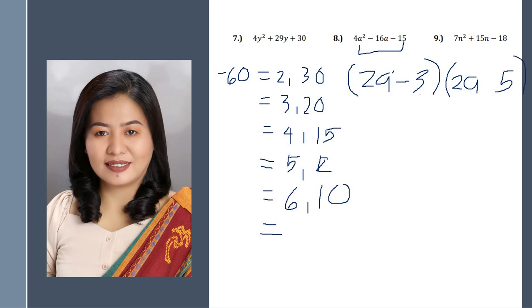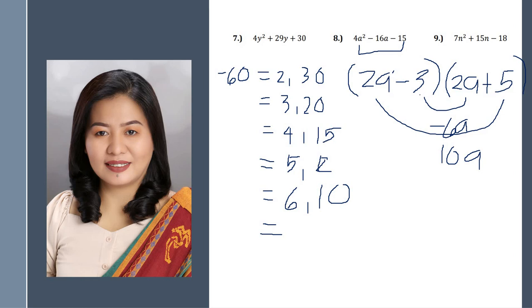This is 6 and that's 10. Negative 6 and positive 10. Can it be? It will not give you 16 but negative 4.